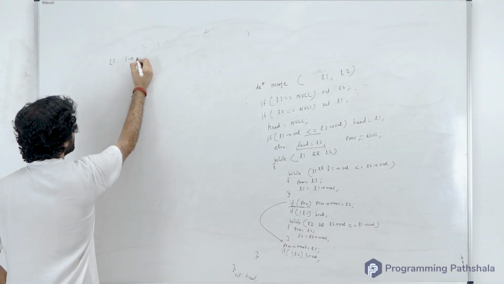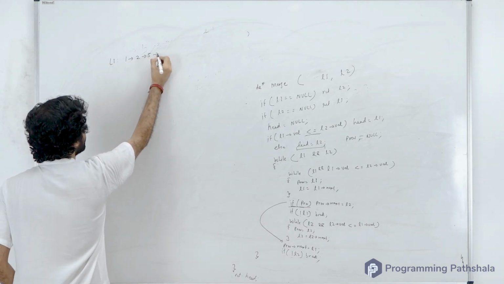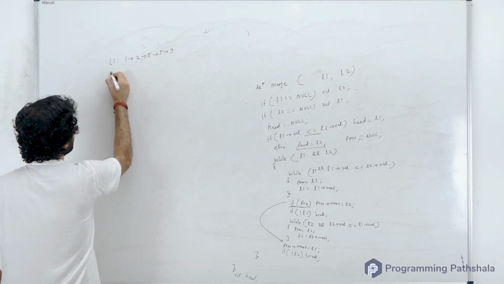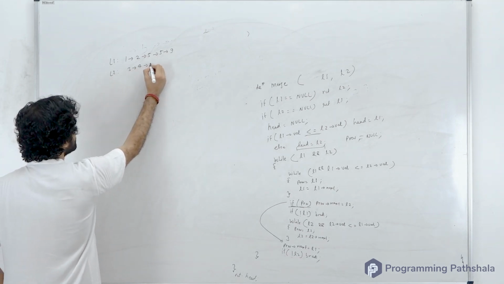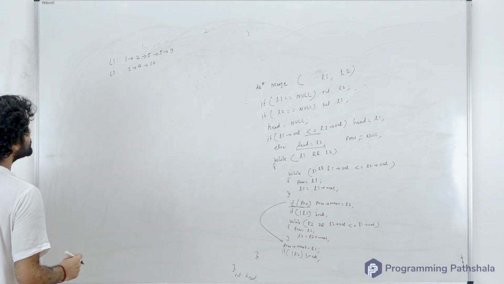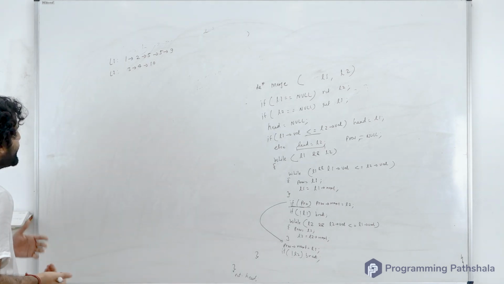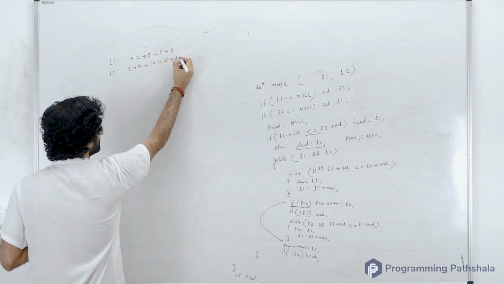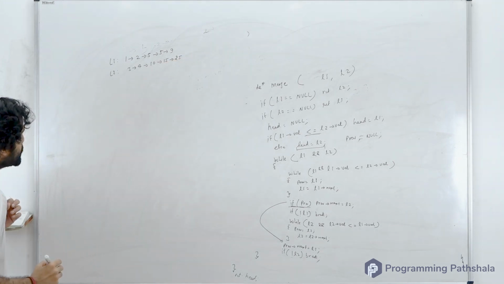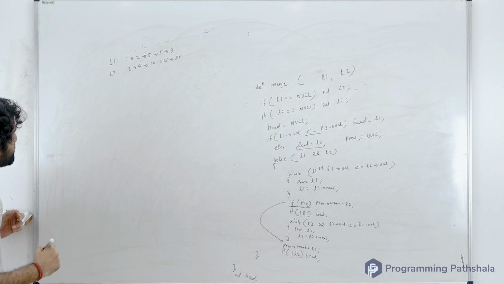It contains 1, 2, 5, 5, 9, and linked list 2 contains 3, 4, 10, and let's say 15, 25. I have to basically merge them.